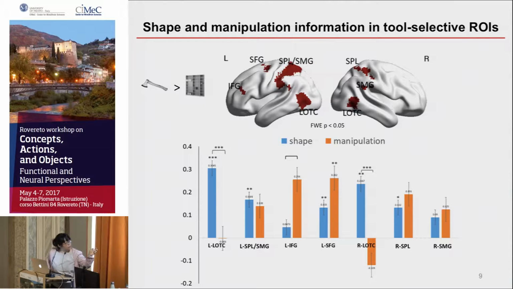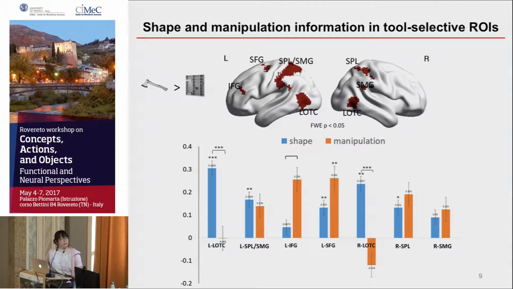In the bilateral superior parietal regions, as well as the left precentral regions, both of these effects were observed. And in the left inferior frontal regions, we observed a trend toward significance for the manipulation information, but not for the shape information.